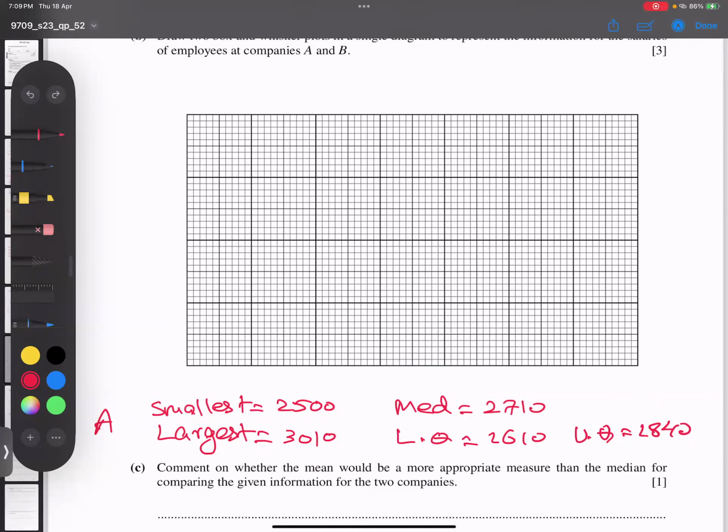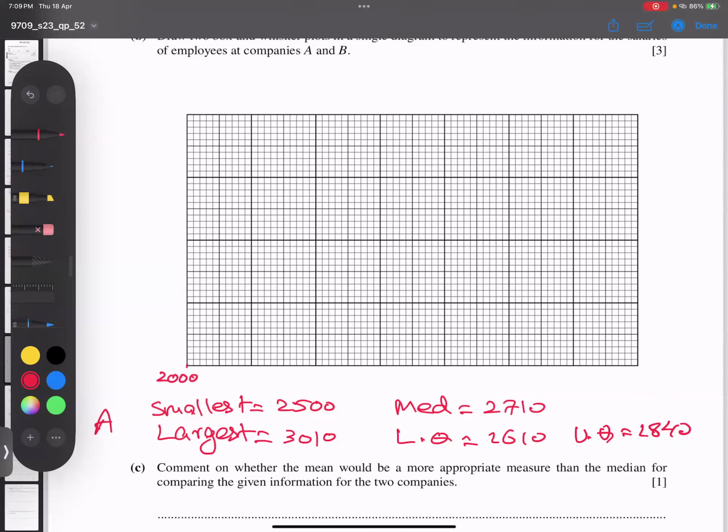For example, if I take 0 and 1000, sorry, wait a minute. Let me make a scale. Because all values are between 2000 and 3000, I think I will make a break. This is called a break, or I can start from 2000.